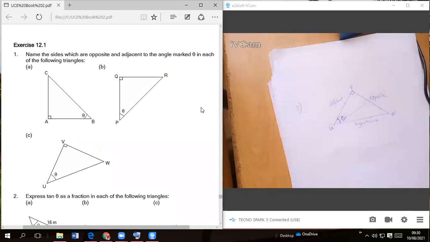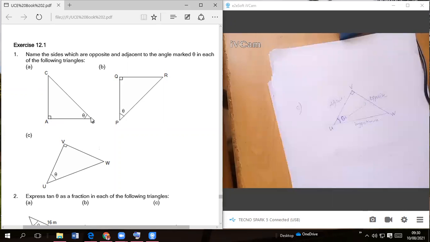That was Esther, Alexandria. So which part is adjacent on AB? It's AB, correct answer. All right. Mwesugwa, AB is the one which is adjacent. Why?